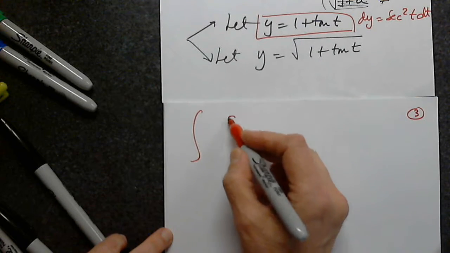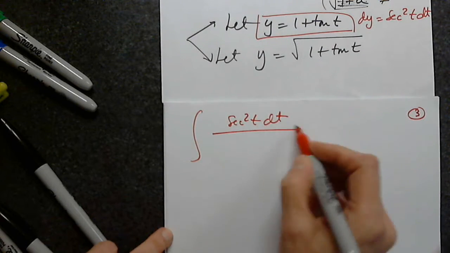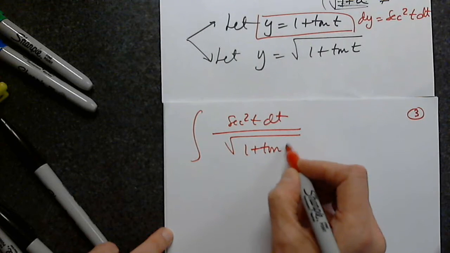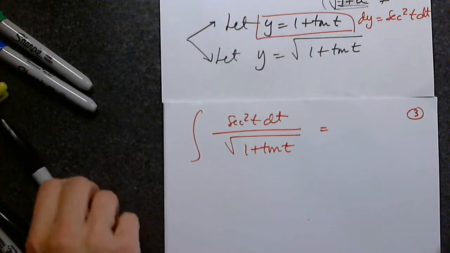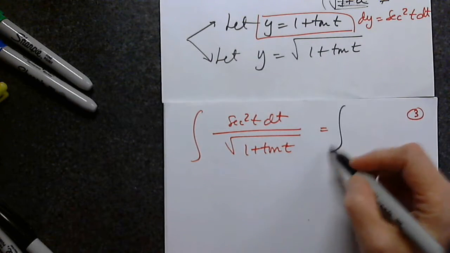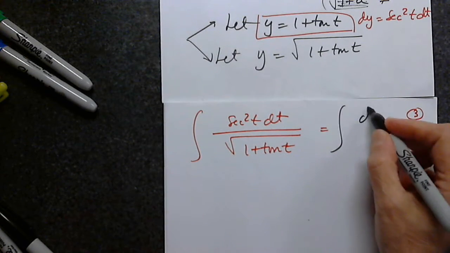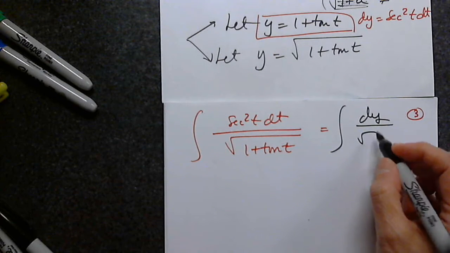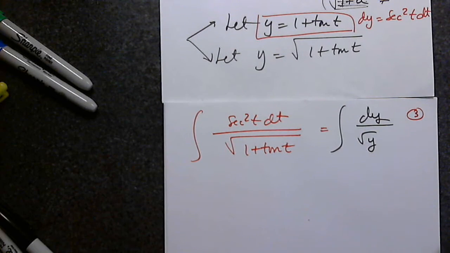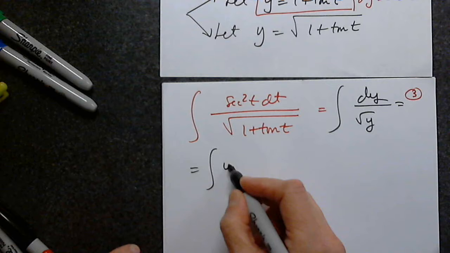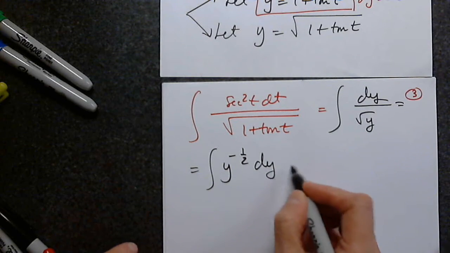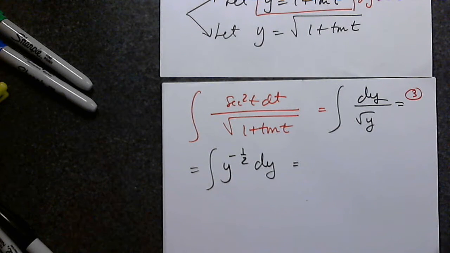So I'm going to rewrite as secant squared t dt over the square root of 1 plus tangent t. So you already noticed that dy is in the problem, so this is the integral of dy divided by the square root of y, which is good enough. Because this becomes the integral of y to the negative 1/2 dy, which works just fine.